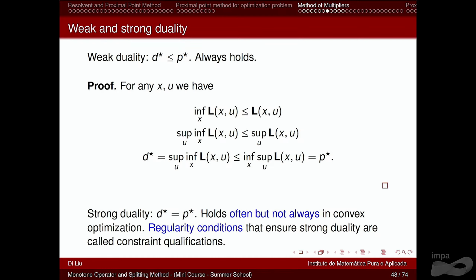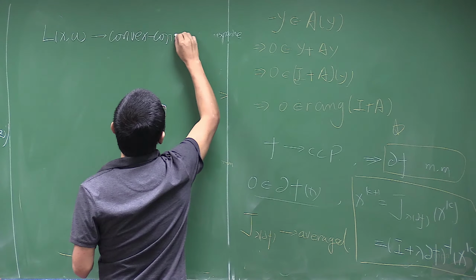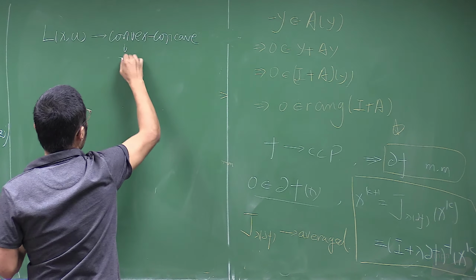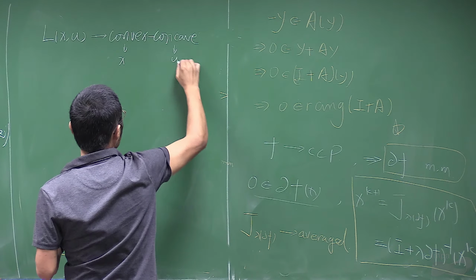If we have L(X, U), which is a convex-concave function, concave for X, convex for U, okay?